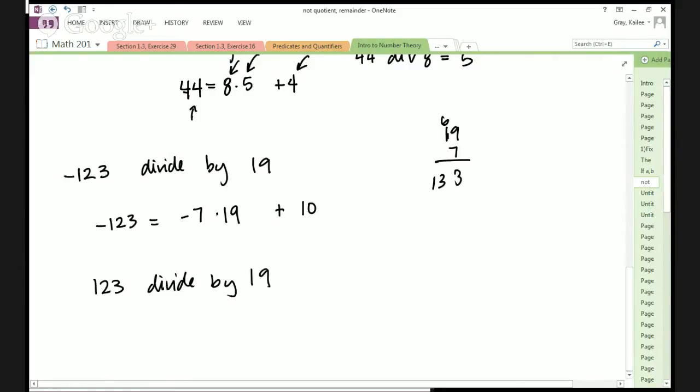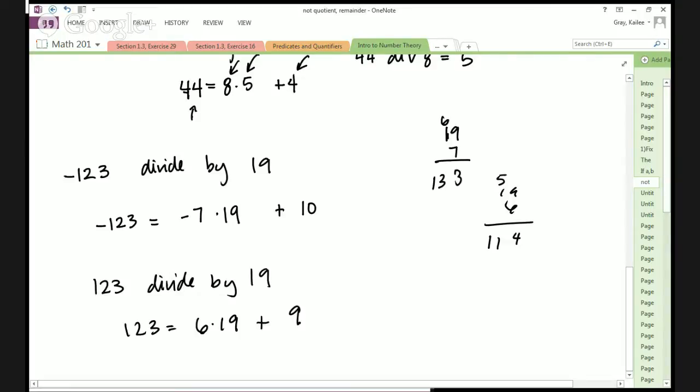So I'd say 123 is equal to 6 times 19, 54, 111, so plus 13. No, plus 9.